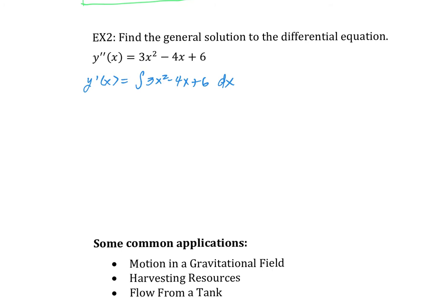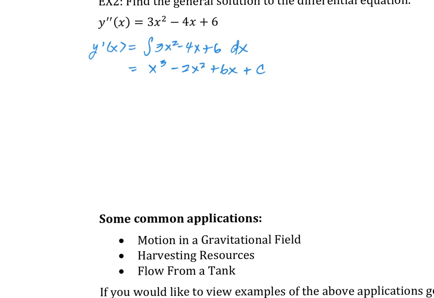And that would give us x to the third, so 3x cubed over 3, minus 4x squared over 2, so minus 2x squared, plus 6x, plus some constant c, which I cannot solve for because I do not have initial conditions.